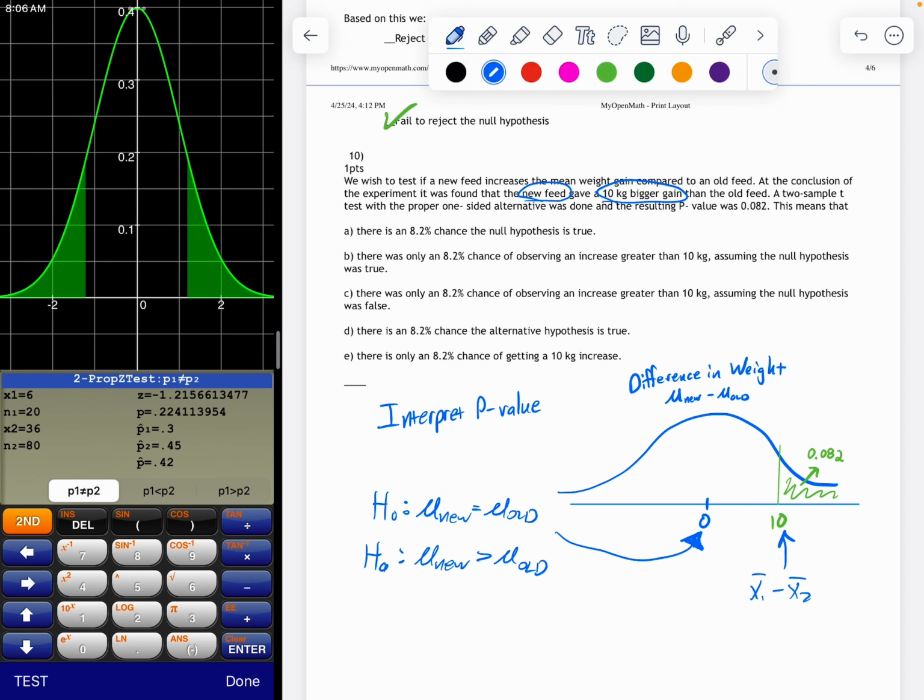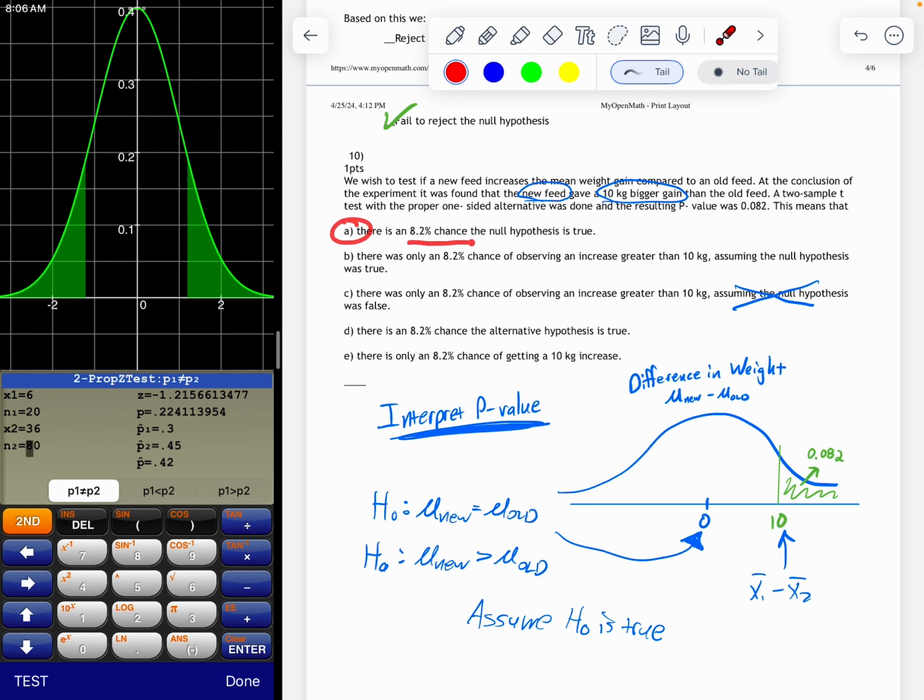So it's not this one. See, it says assuming the null is false. We assume the null is true, okay? That's how you always start interpretations of the p-value. This is not the percent chance it's true. You're not assuming the null is false.